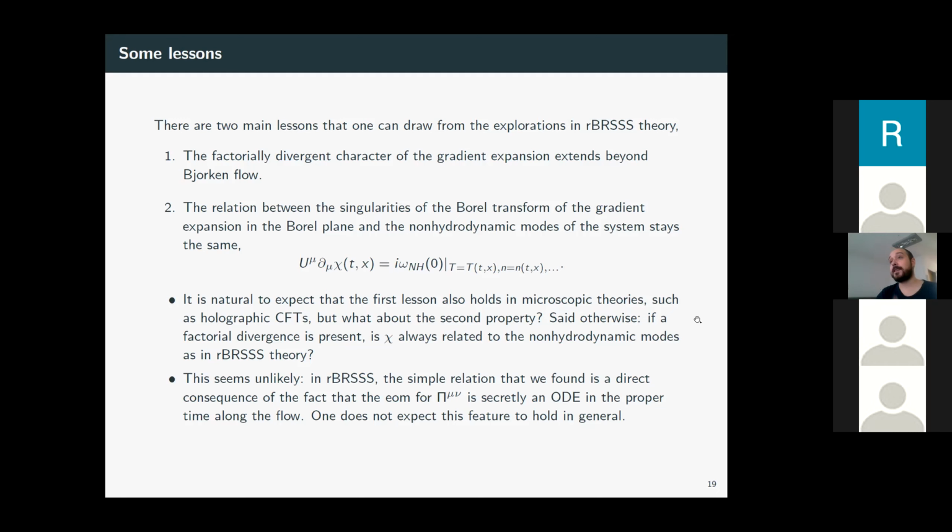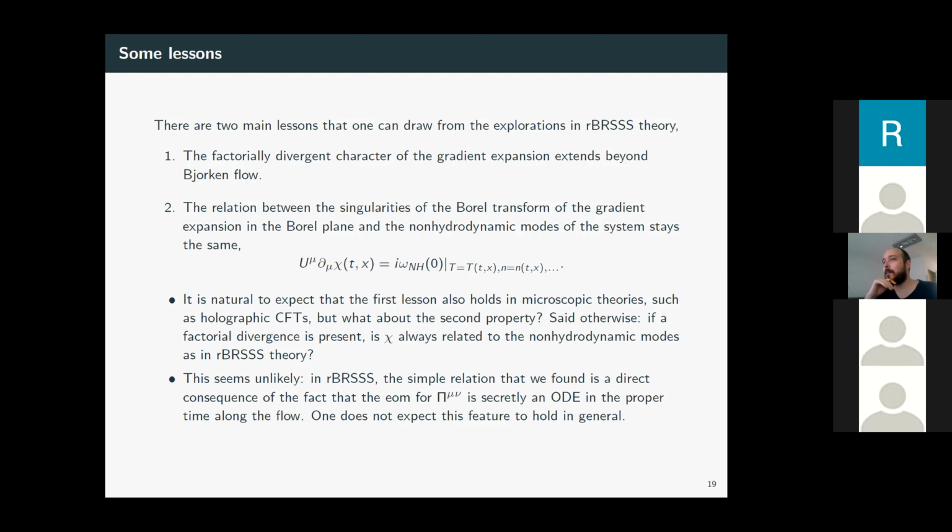Given the evidence we have as of now, coming from the boost invariant flow studies that Michal presented, and the linearized hydrodynamics analysis that has been discussed, this lesson would probably hold true in generic microscopic theories, such as holographic CFTs.